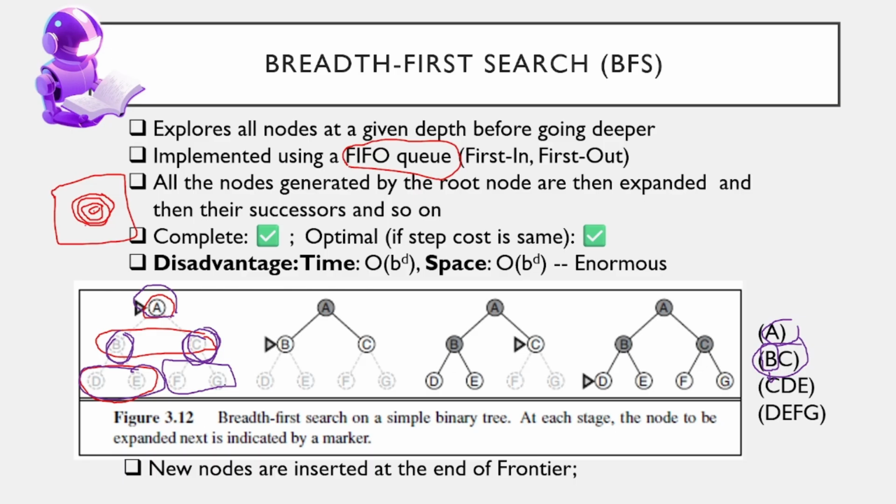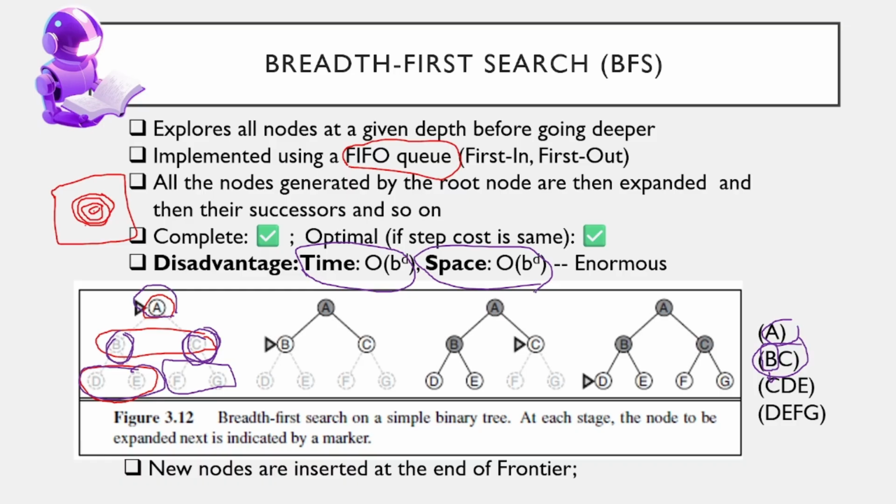But BFS has some serious drawbacks, which are the time complexity and the space complexity. Here it is b to the power d, where b is the branching factor and d is the depth of the solution.